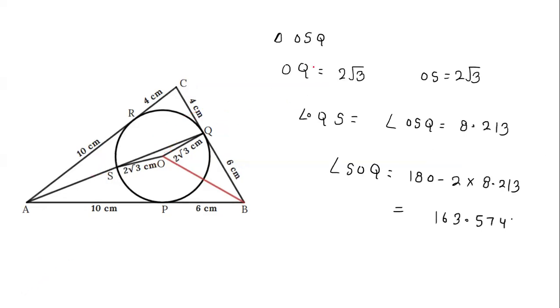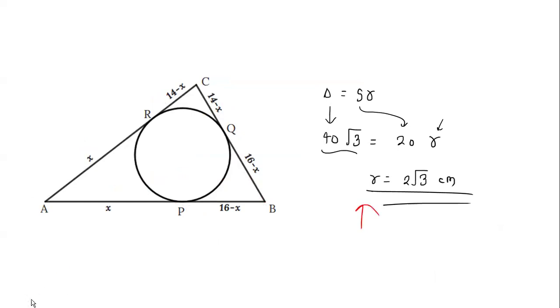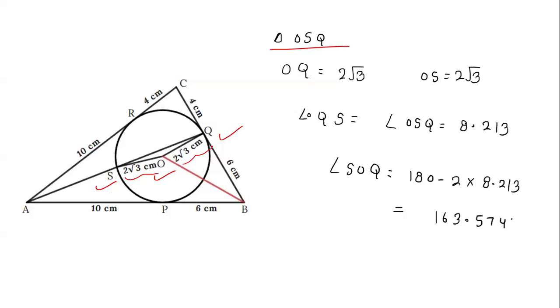So now you see in the triangle OSQ, this is O point, this is S point, this is Q point. You know this is OQ, which is the radius of the circle, and this OS will also be the radius of the circle. And we just calculated the incircle radius previously, as you see, 2 root 3 we calculated. So both will be equal to the radius of the incircle, which is 2 root 3. So OS and OQ both are same. If both are same, then it is an isosceles triangle. So whichever be this angle, it will be the same as this angle.